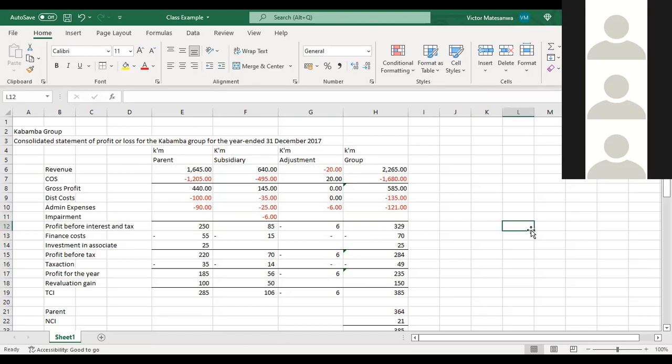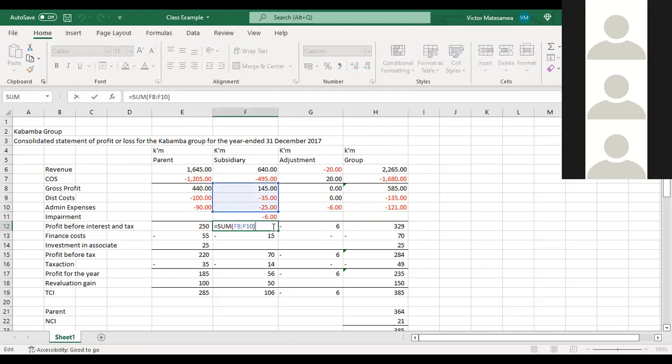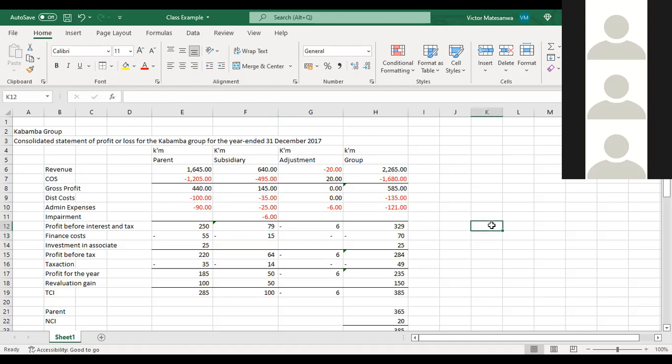Because you have already counted it in G. All you're trying to do is to have a correct number in F. Okay. Yes. That's it. This is okay now. Congrats, this is okay.